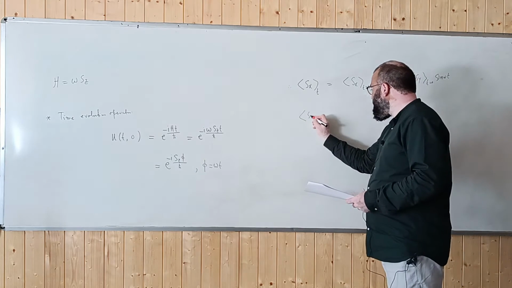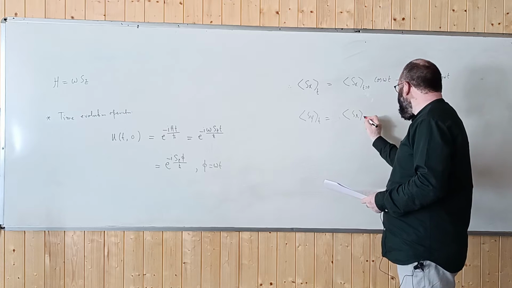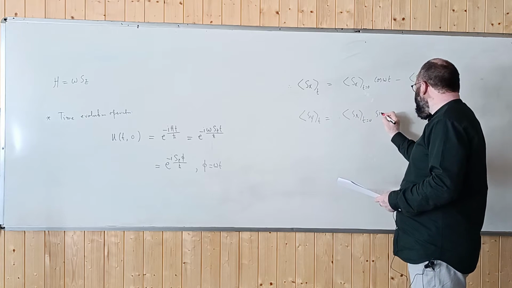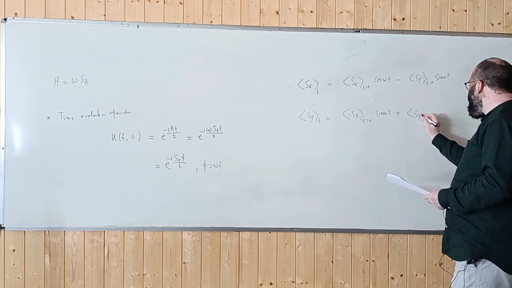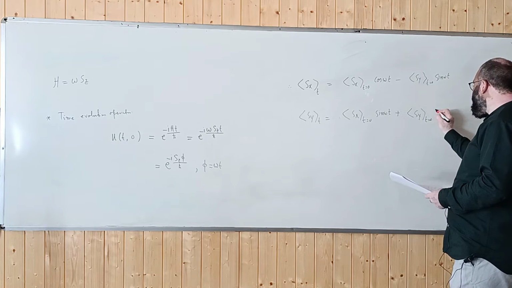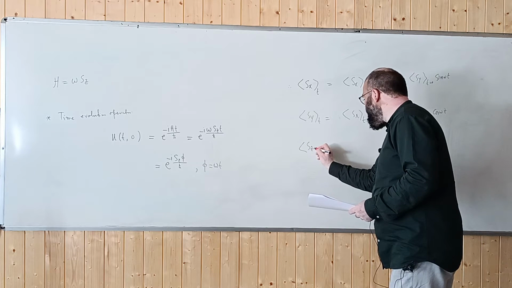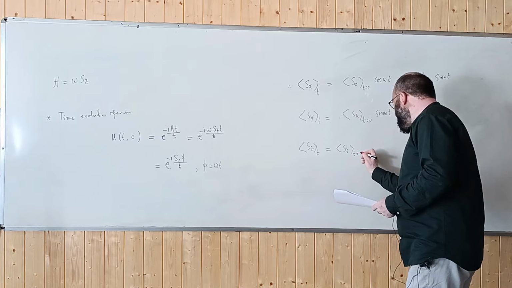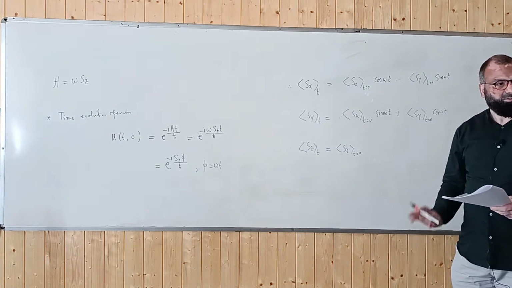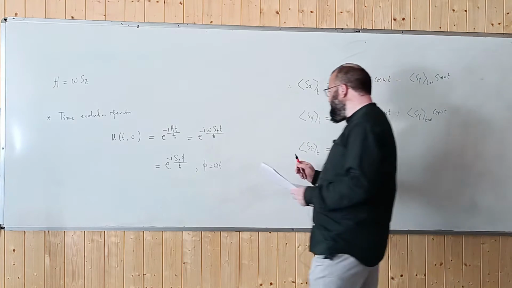Similarly, S_y at t equals S_x at t=0 times sine of omega t plus S_y at t=0 times cosine of omega t. And S_z of t is simply S_z at t=0. Got it?